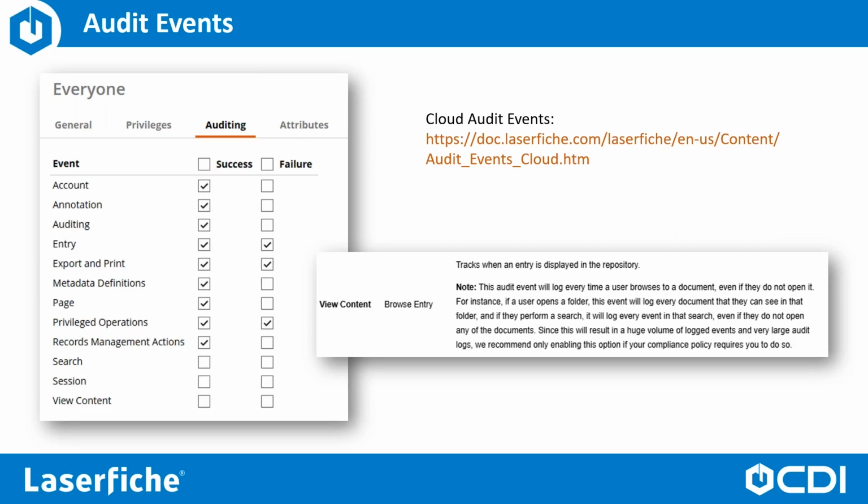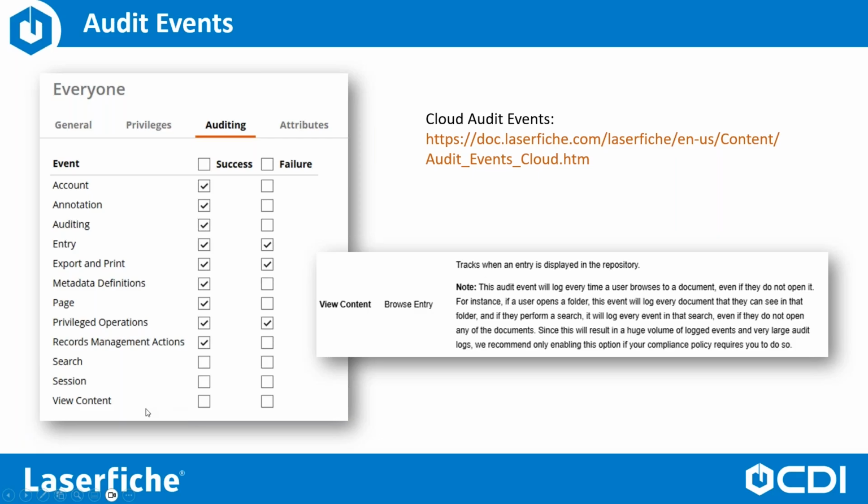So only if you have a need to audit, or you've got that rogue employee who you want to keep closer tabs on, then you can adjust the auditing. So in this first screenshot here, we can see that a majority of these items are checked out of the box, but things like viewing the events for searches or sessions or viewing content, these are things that are not on out of the box.